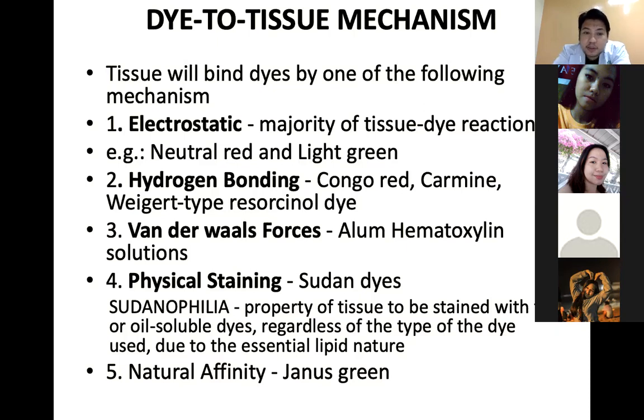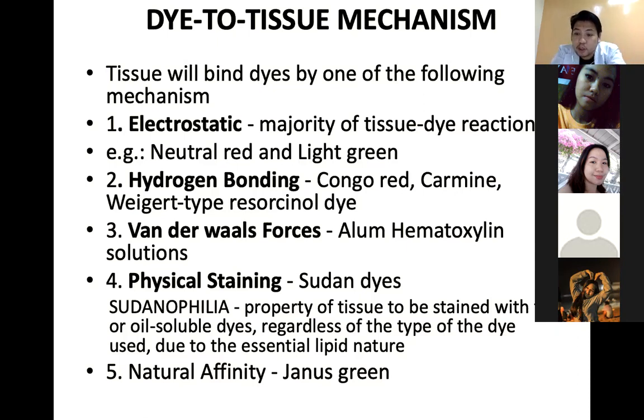Next, we have the van der Waals forces attraction or mechanism. An example for this is our alum hematoxylin solution. The van der Waals forces class occurs between the reagent and the tissue substrates and involves various intermolecular attractions.